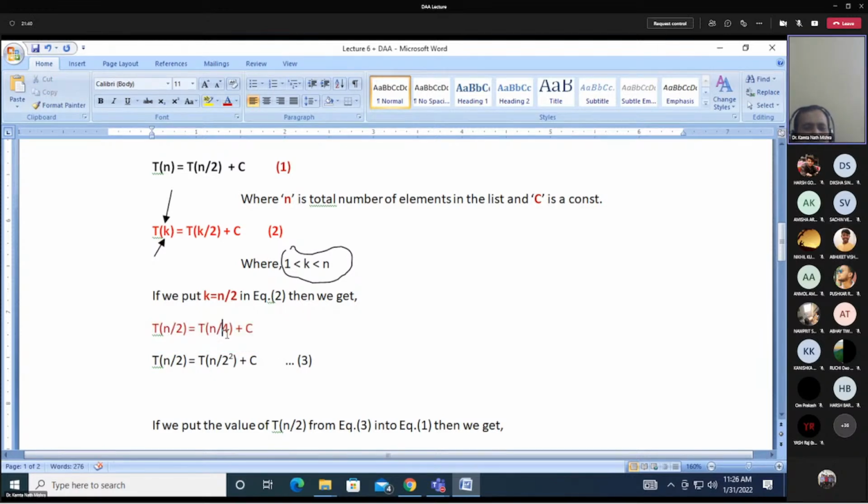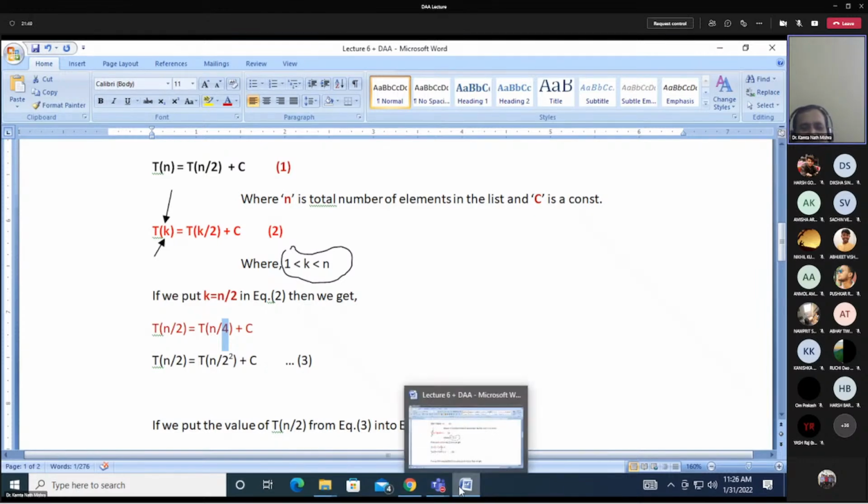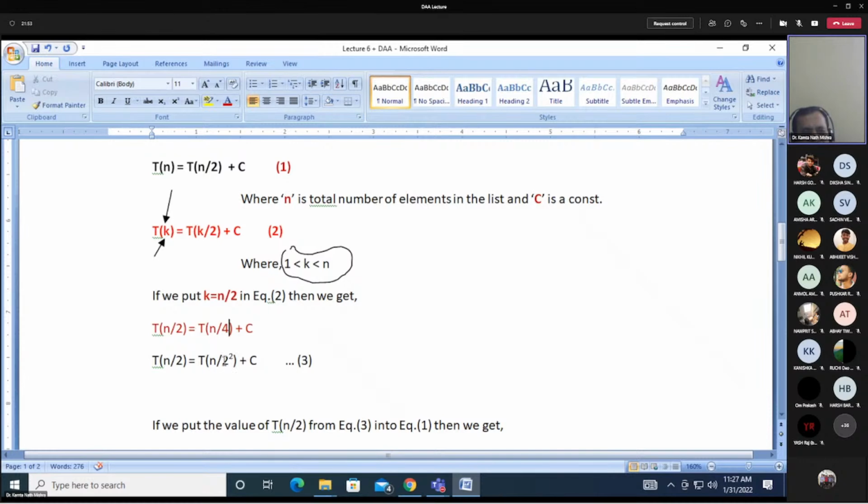And this n by 4 can be written as n by 2 square.